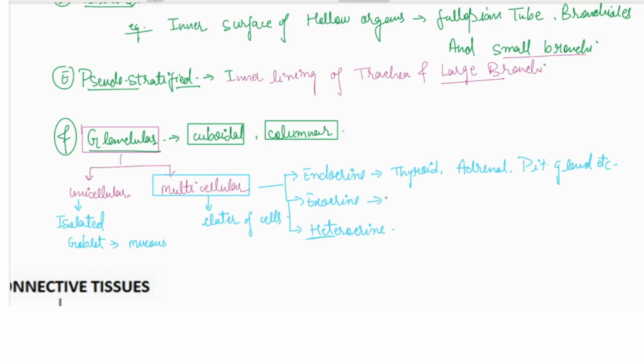In the exocrine, the salivary gland, the sebaceous gland, the mammary gland which secretes milk, etc. That would pour the secretion outside the body or outside the organ. The digestive juices also come under the exocrine part only. In the heterocrine there are only two, that is the pancreas and the gonads. So these are about the heterocrine glands.